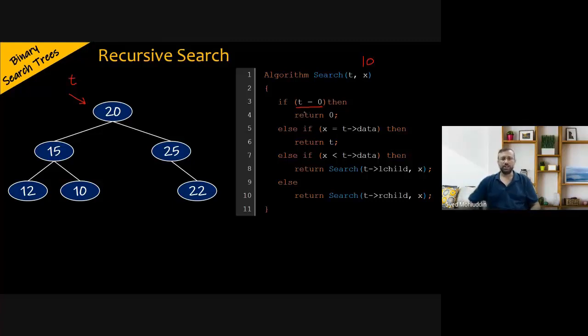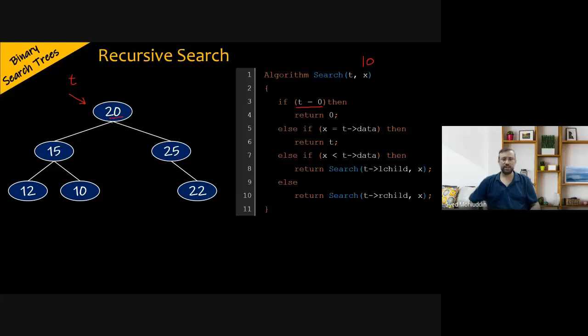So initially, T is not null, it's pointing to node 20. Now, the next statement we check, obviously this is not true, T is not 0. So we come to the else if. In the else if, X, which is 10, is equal to T of data, that is 20.